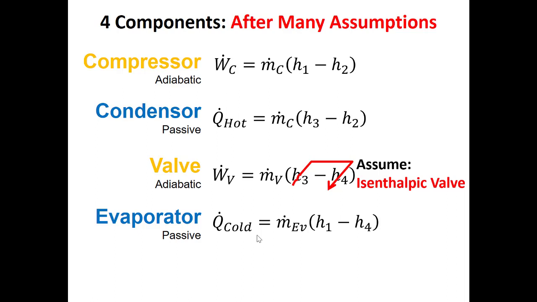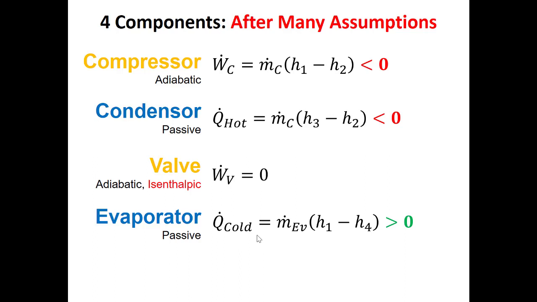Which kind of makes sense, because I've said that when we keep this power term around, that means we've got some kind of fan blades inside the system, like we'd see in a compressor or a pump or a turbine. But in this valve, we find that it's isenthalpic, so it doesn't produce any power, and it's adiabatic. So really, this isenthalpic valve is also adiabatic.